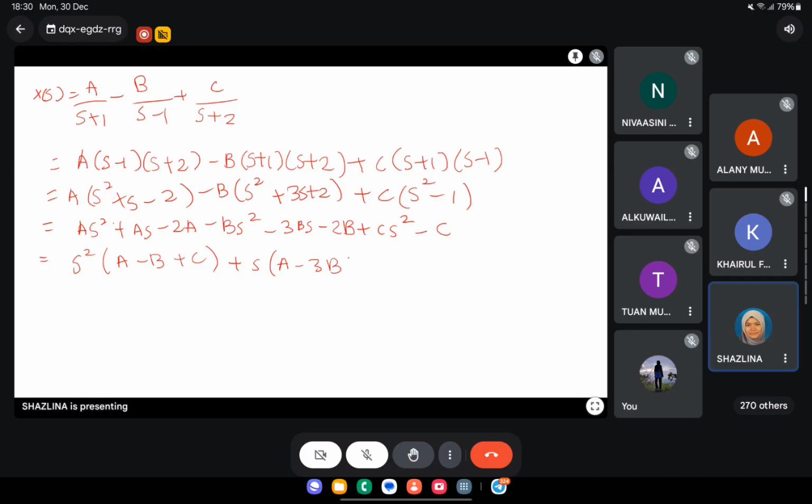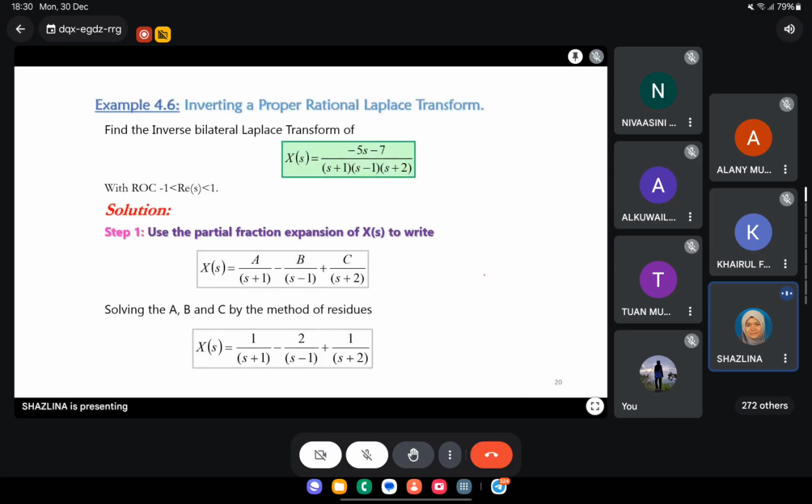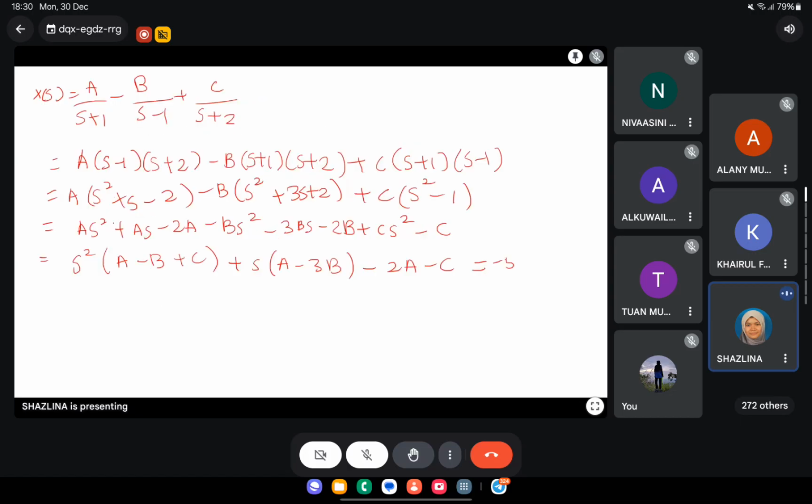Okay. Minus 2A minus C equals negative 5s minus 7. So, A minus B plus C equals 0. A minus 3B equals minus 5. Minus 2A minus C equals minus 7.